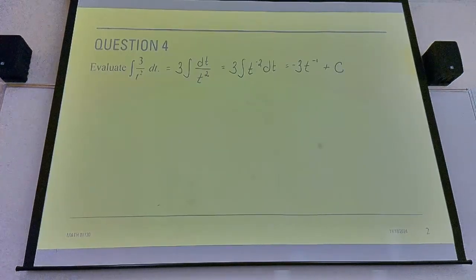So it's t to the n plus 1 over n plus 1. Any of those 3 forms. Right.